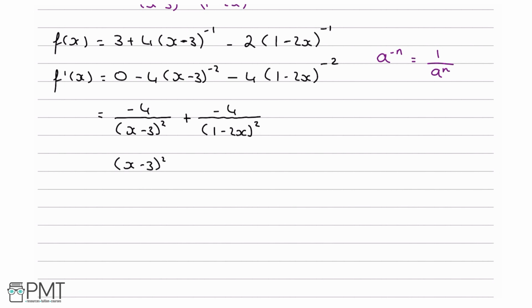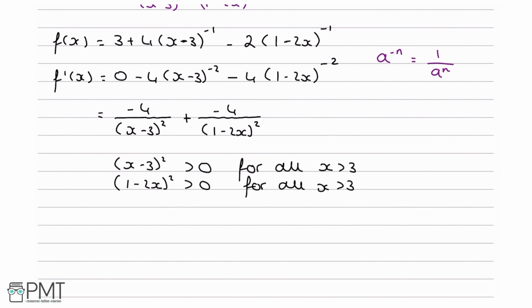So this is greater than 0 for all x greater than 3. The same thing applies for 1 minus 2x all squared, because whatever value you put in, regardless of the result of 1 minus 2x, it will be squared, so it will always be positive. So this is positive for all x greater than 3.